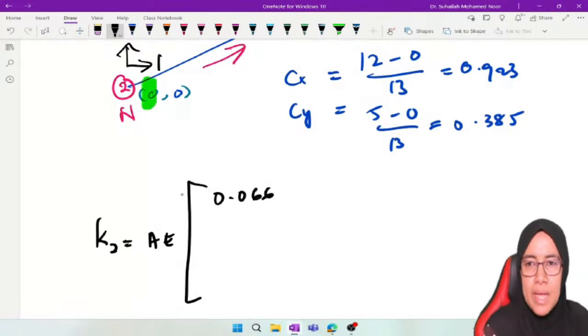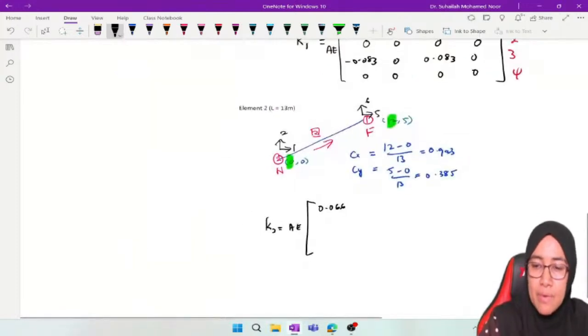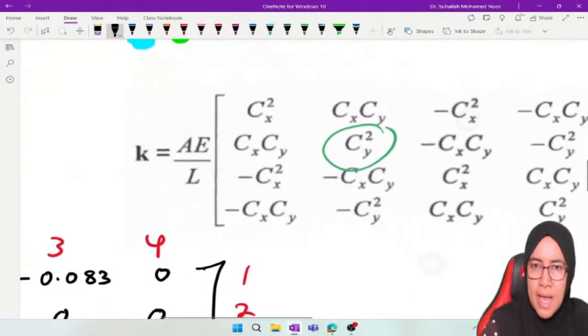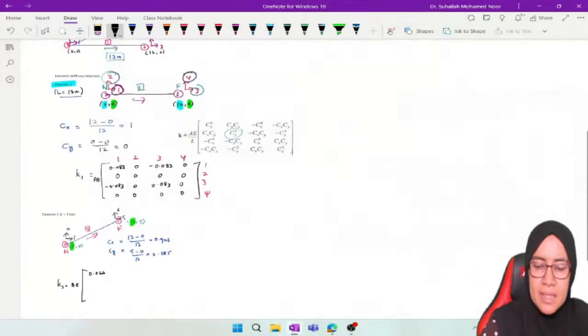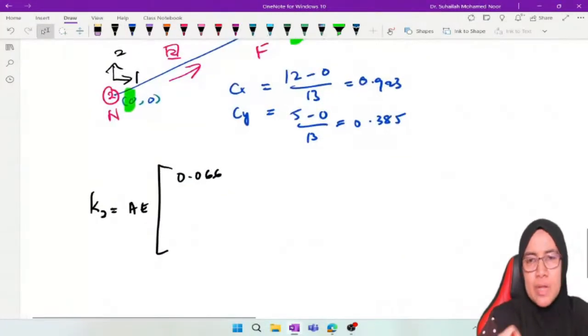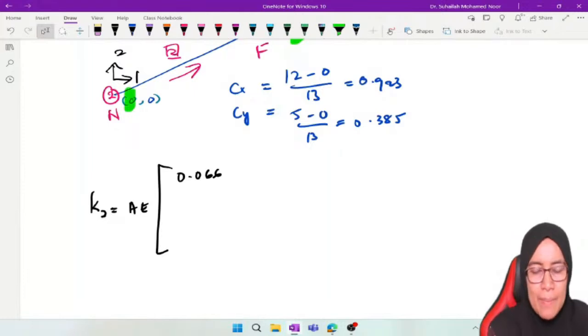Okay, next value is CxCy. If we refer to the formula, Cx squared, CxCy. CxCy is 0.923 times 0.385 divided by 13. What is the value?